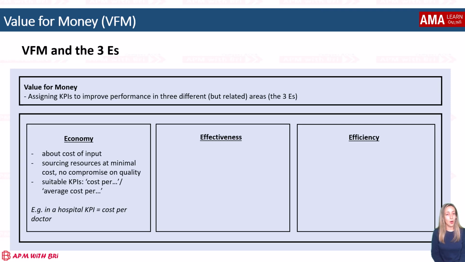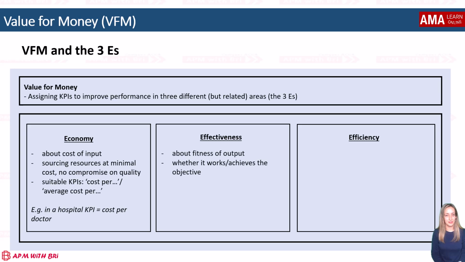And if we take a hospital, which is a popular not-for-profit organization that comes up in our exam, let's say the hospital wants to achieve economy, and if you think that the doctors, the staff in the hospital are their input, you may be looking to measure if they achieve economy by calculating the cost per doctor, average cost per doctor.